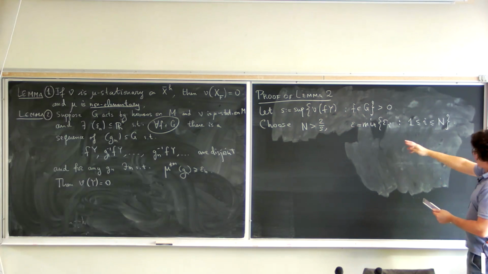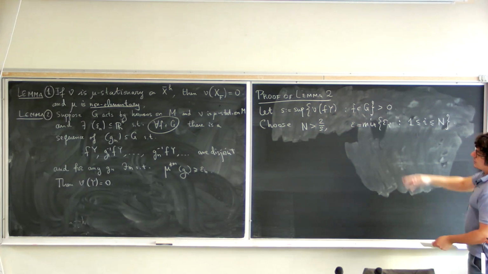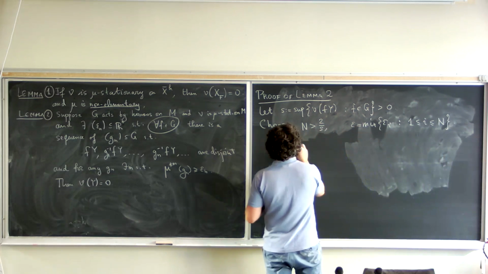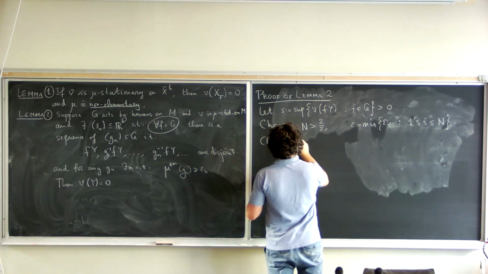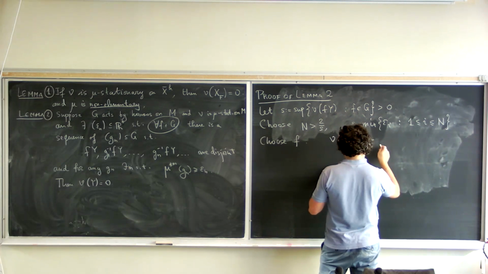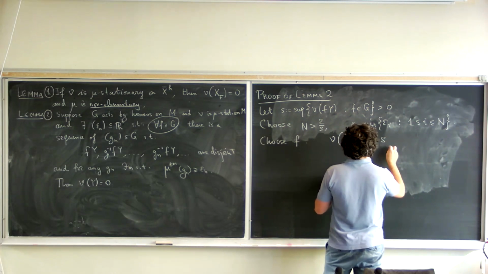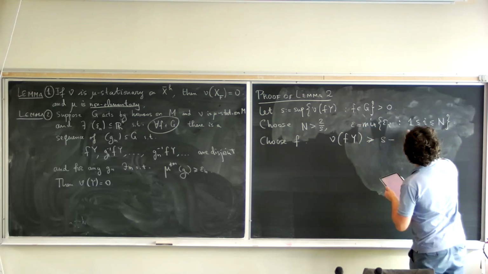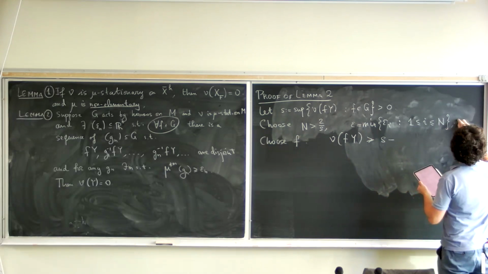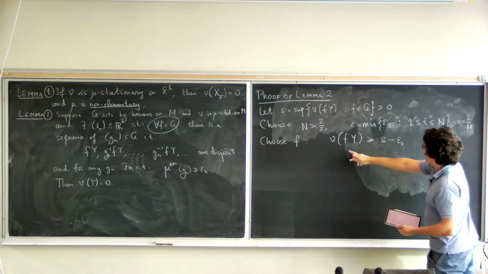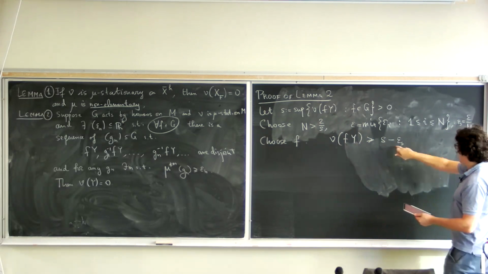That's the general idea. So now we have to choose these various quantities. You can choose f such that nu of Fy is bigger than S minus epsilon. We call epsilon S the epsilon over this big F. For any epsilon, including epsilon S, there is some F such that this is bigger than S minus epsilon.